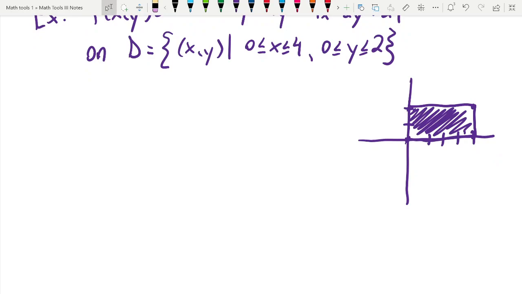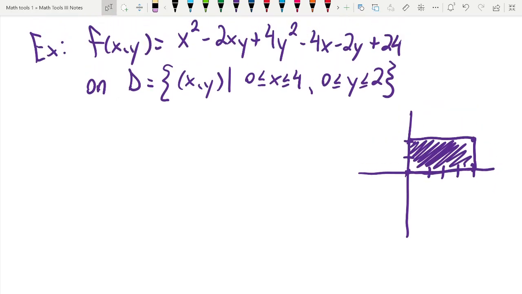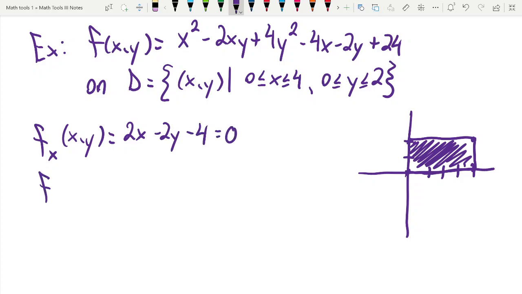So we'll start just by looking at the critical points. That's kind of the easy part here. fx would be 2x minus 2y minus 4, and we're going to set that equal to 0. There's not going to be any point where the partial derivatives don't exist here, because this is a nice continuous function, kind of like a parabola, basically.